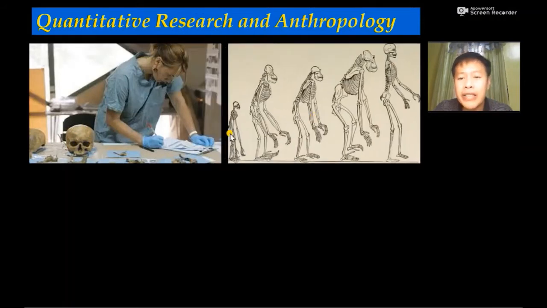And look at this picture. This talks about the evolution of humankind, in which, according to a certain theory, we evolved from apes. And we cannot deny the fact that this is a theory of the evolution of humankind.